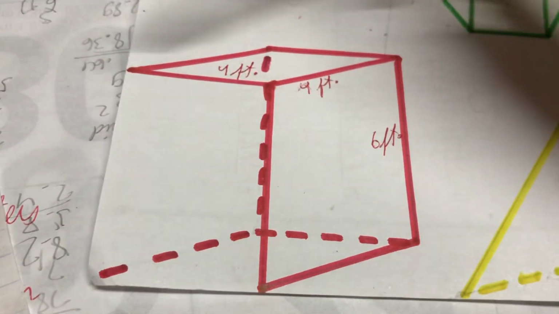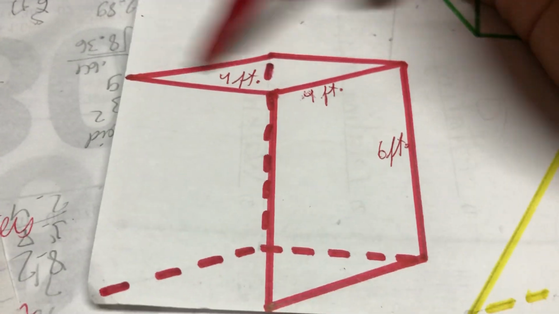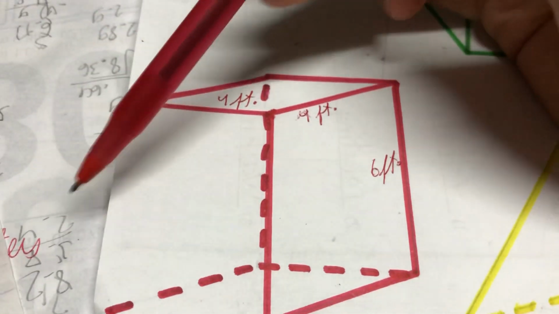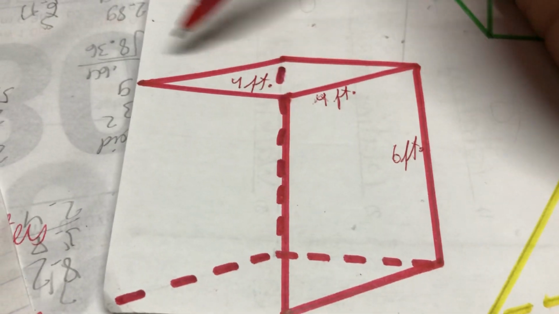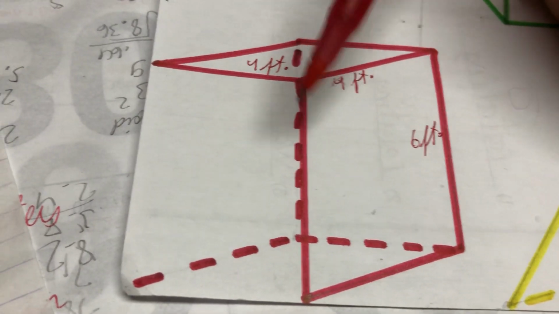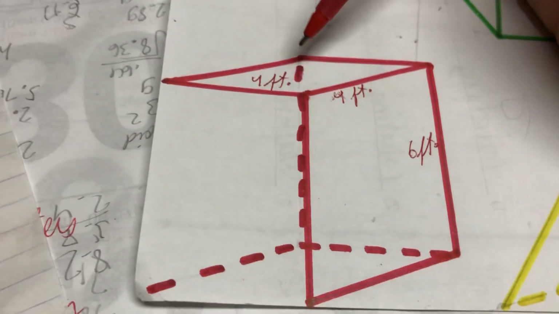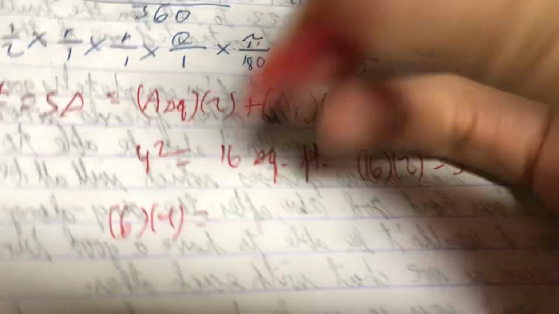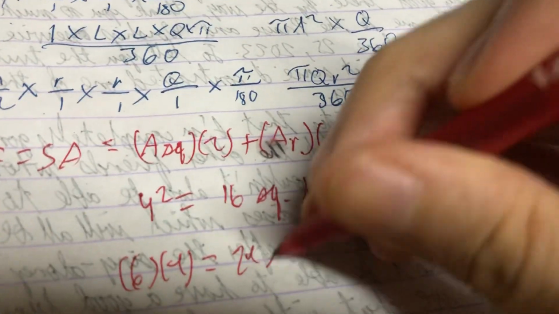On this face, 6 times 4, because this one measures 4 feet. Here too, 6 feet, and this is also 4 feet. And this one is also 4 feet and 6 feet. So therefore, 6 times 4 is equivalent to 24 square feet.